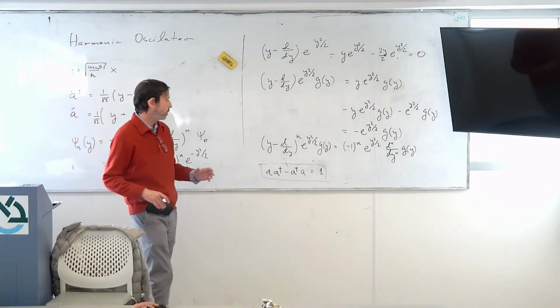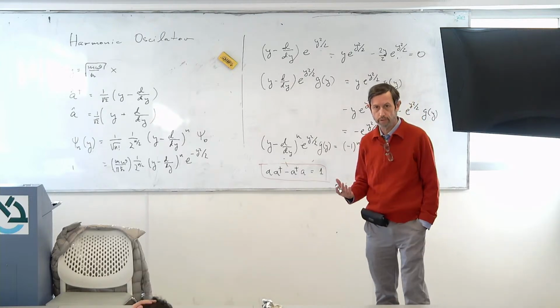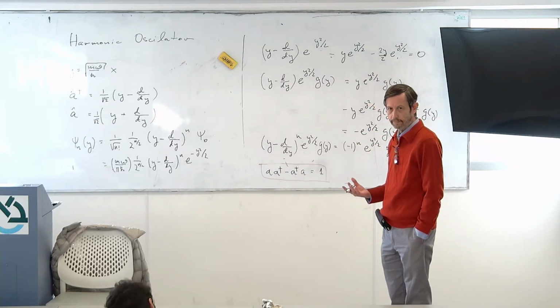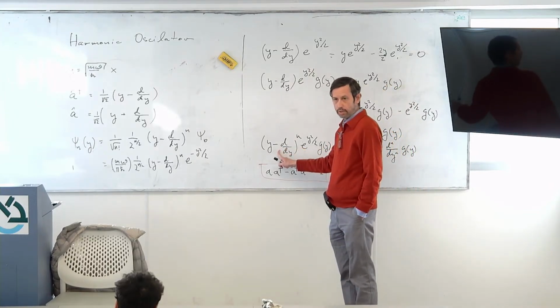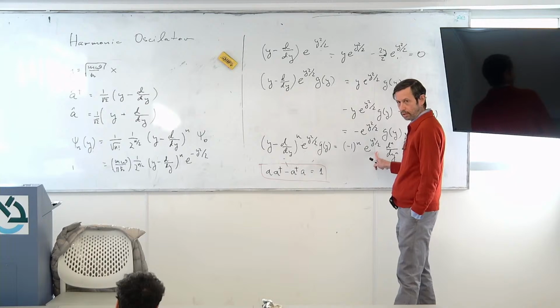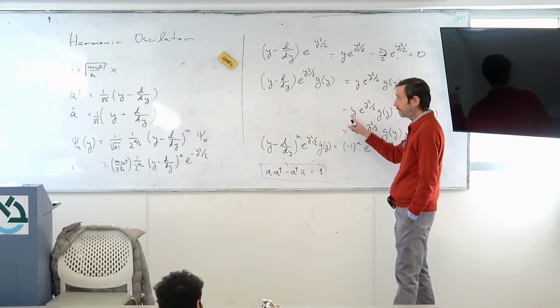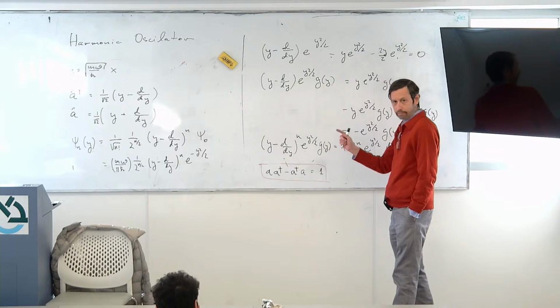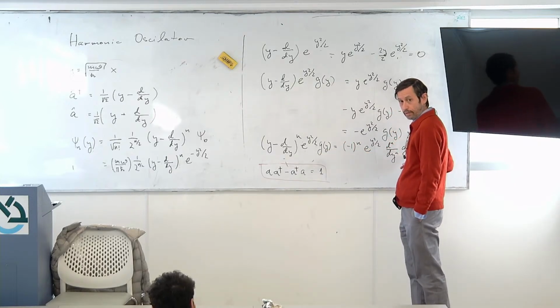So any function times e to the power y squared over 2, when I operate n times with this differential form, I get the same Gaussian, the power of minus 1 to the n, just because this minus multiplies itself, and the nth derivative of the function.